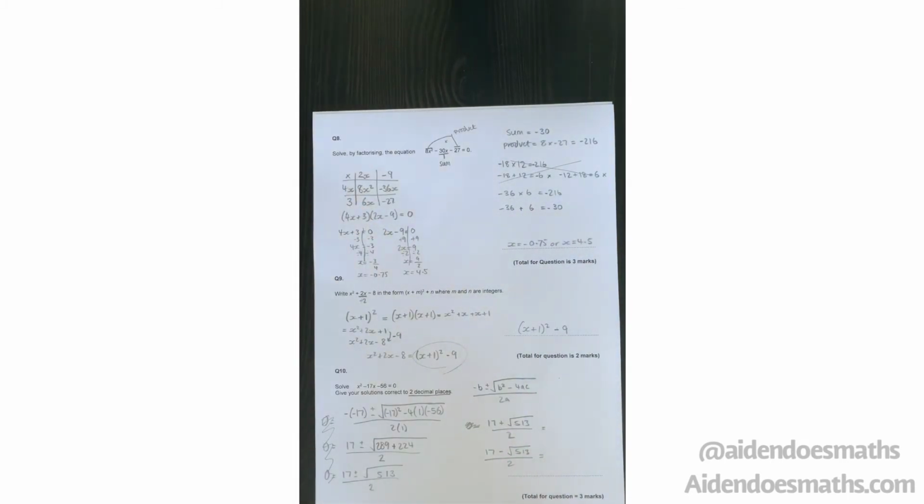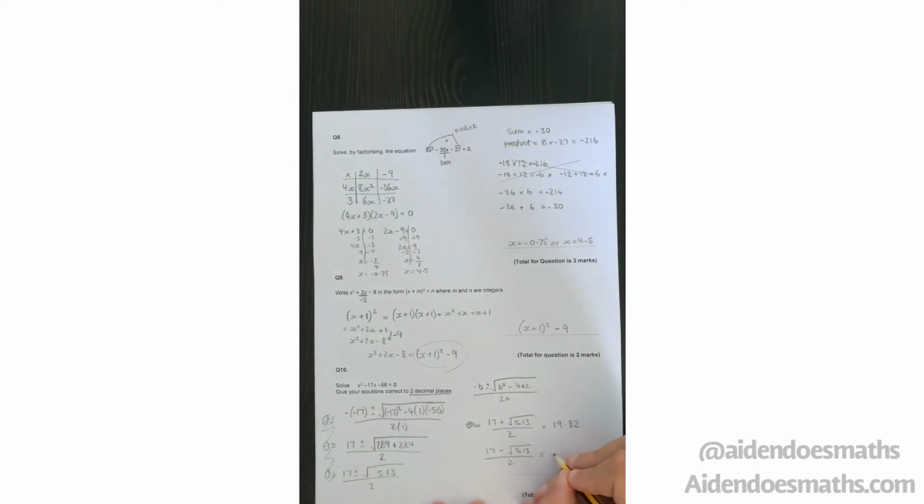And if we pop those into our calculator, our first one, 17 plus square root of 513 over 2, gives us 19.82. Remember, it's 2 decimal places. And the second one, 17 minus the square root of 513 over 2 equals minus 2.82.